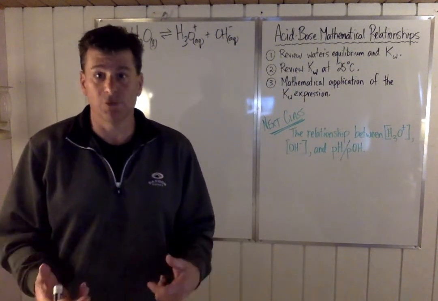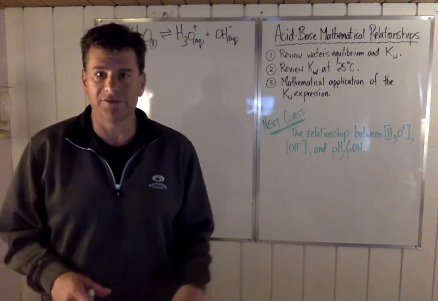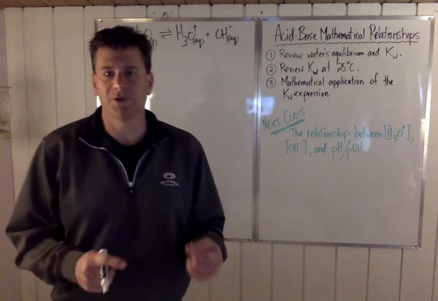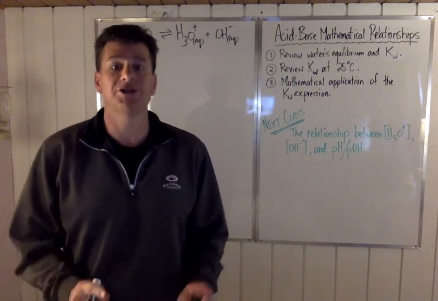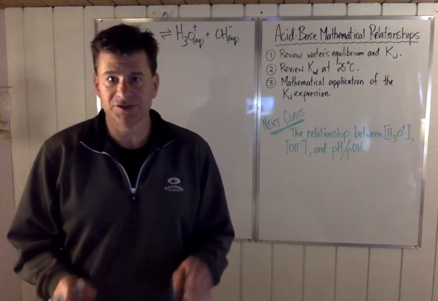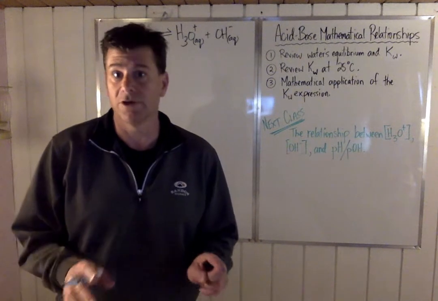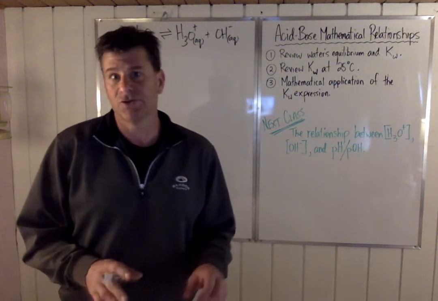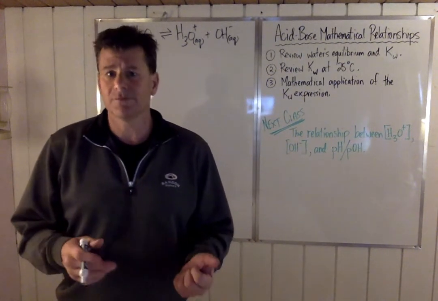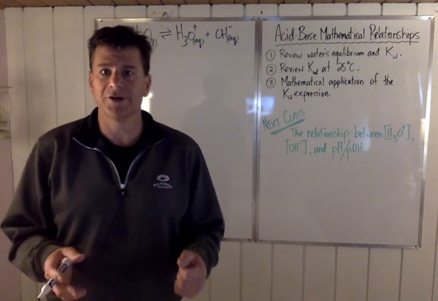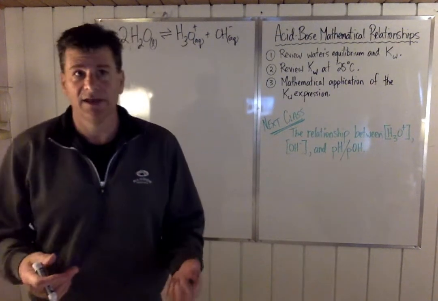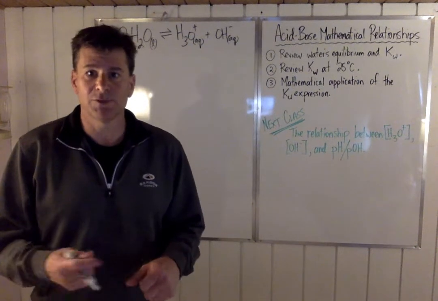If you have distilled water, meaning pure water at whatever temperature it's at, you will always produce hydronium and hydroxide in a one-to-one ratio. Therefore, the concentrations will always be the same if you have distilled water, regardless of the temperature. Now, they're small. Water doesn't do this a ton, and it's not that there aren't a lot of collisions between water molecules.